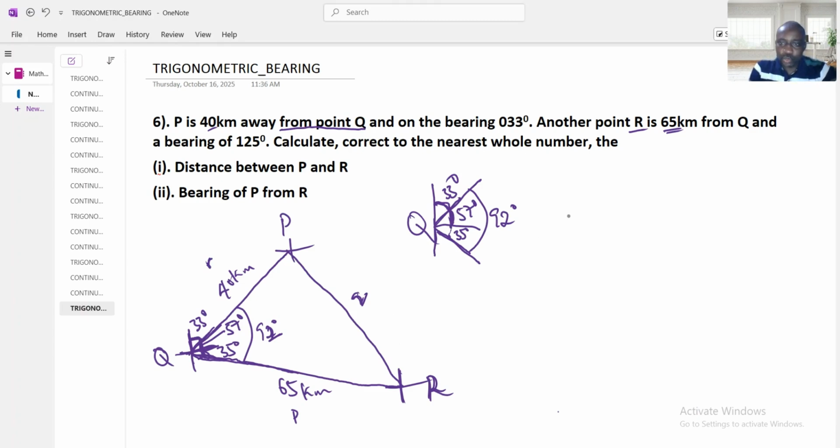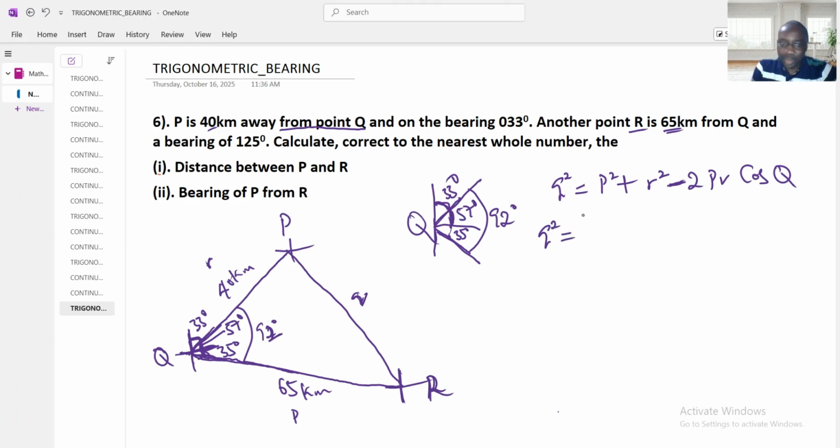Therefore, we are going to use the cosine rule formula. What is the formula? q squared equals p squared plus r squared minus 2pr cosine of capital Q. This is the formula we are going to use to solve this question. Now, what is our small letter q?